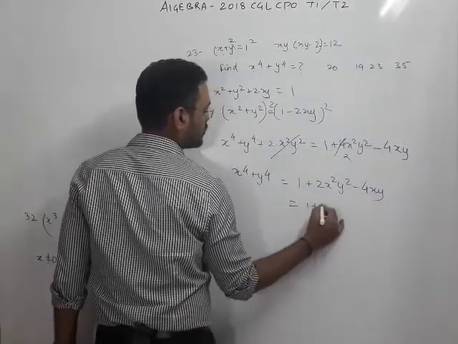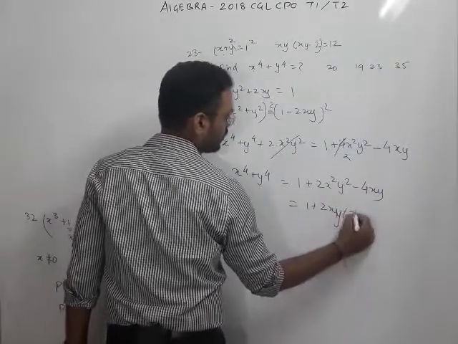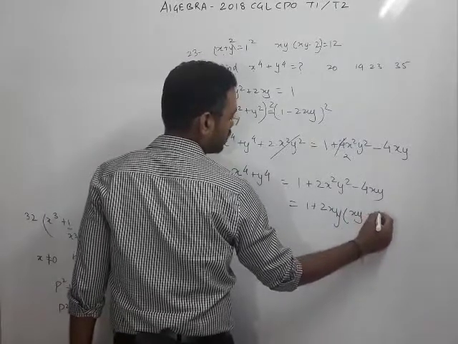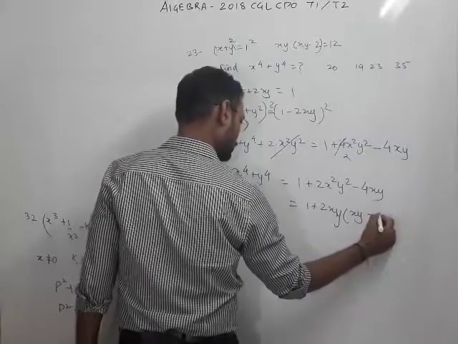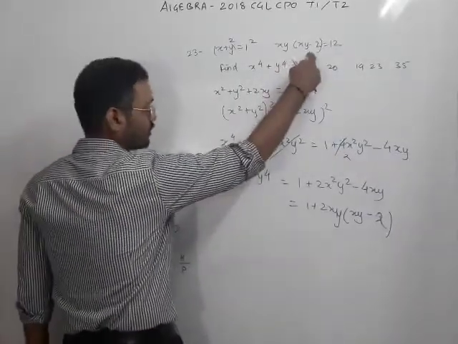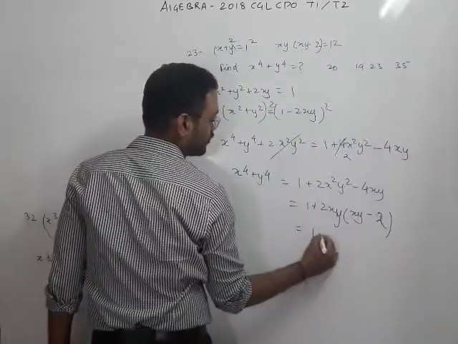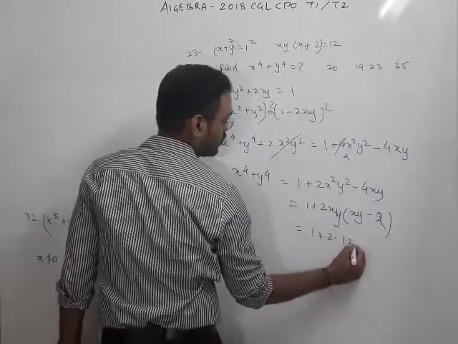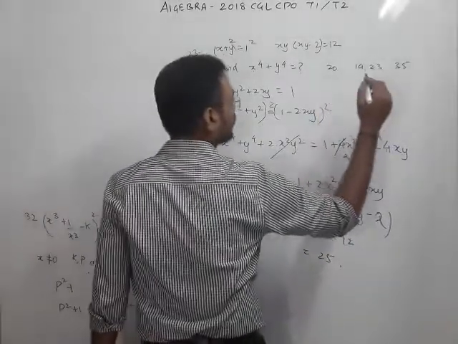What is this? If I take 2xy common, I am left with xy minus 2. xy minus 2 is given as 12. So it is 1 plus 2 into 12, which is 25.